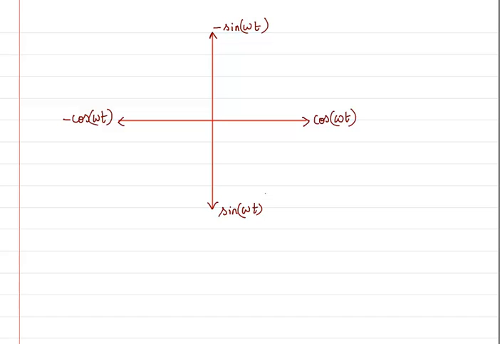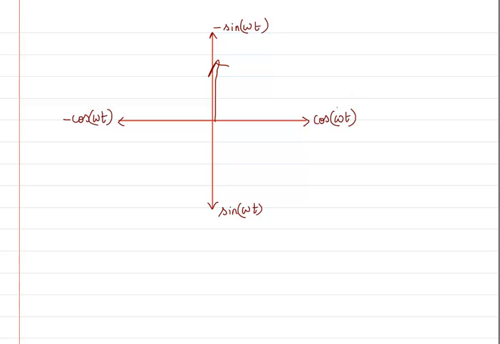Now always remember, it is always in this direction. Here it will be plus cos, here it will be minus cos. Why is it plus cos here and minus cos here? Because if I take this direction as positive, then this direction will be negative. Similarly, if this is positive, then this is negative.